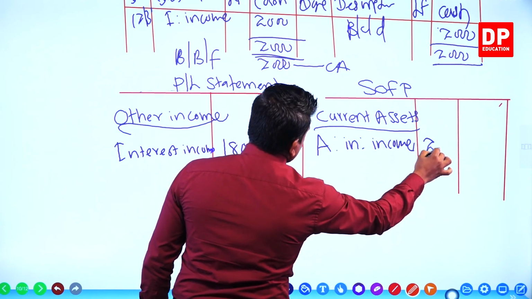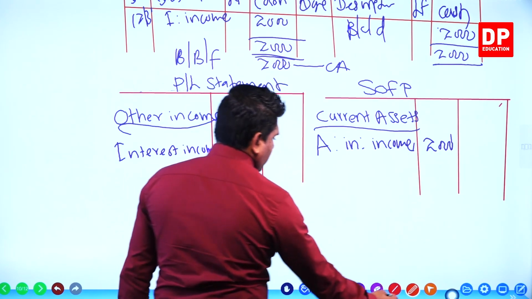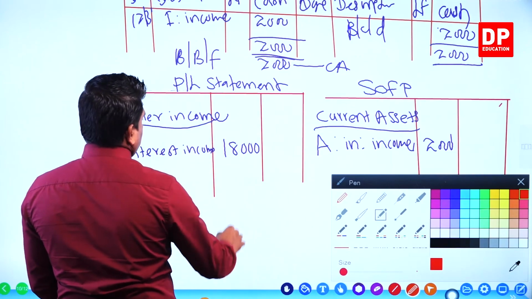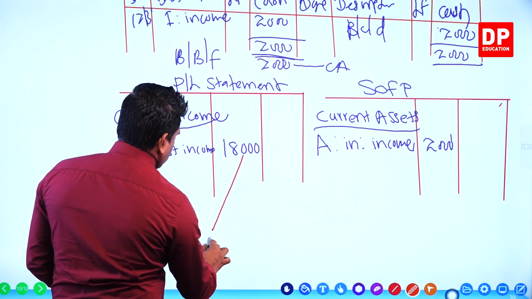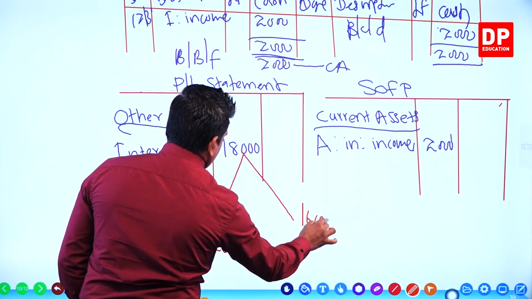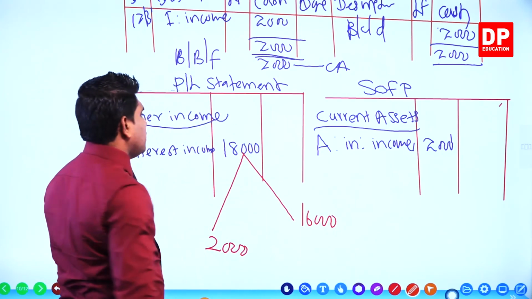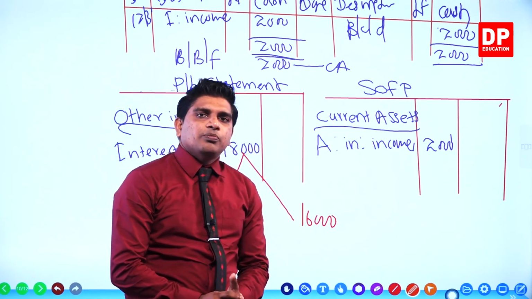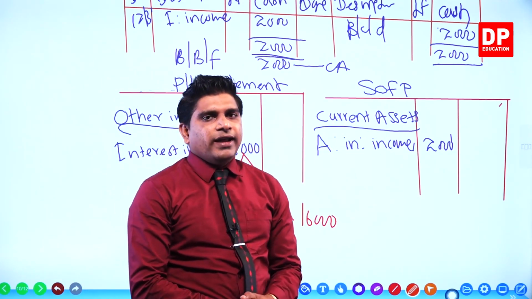Only 2,000. This is the way. If you want, I can analyze this one. This 18,000 includes what? 2,000 accrued and 16,000 received by cash. This is the total we entered there, but this 2,000 we enter under the statement of financial position, right?